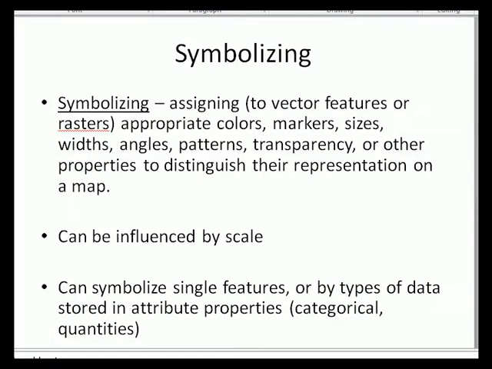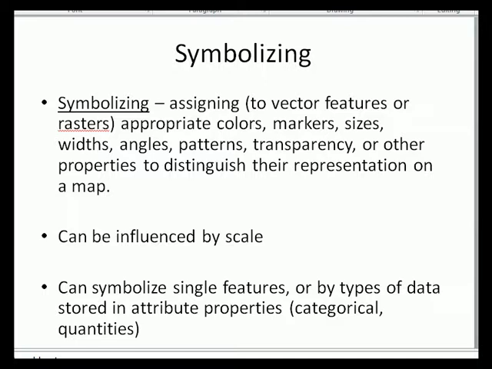So symbolizing is assigning, and we're talking about assigning appropriate colors, markers, sizes, widths, angles, patterns, and transparencies to vector features as well as to rasters. And we assign all these things to help distinguish the representation of points, lines, and polygons and rasters on a map.